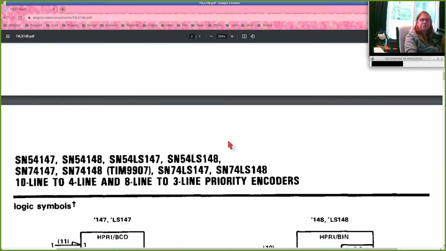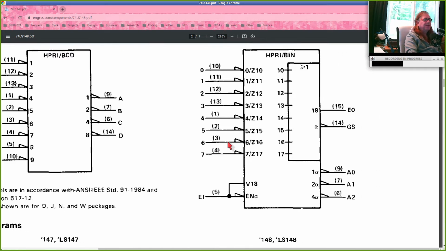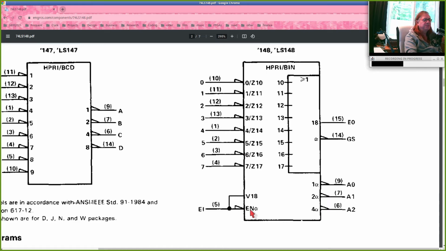So that's just another example of a more complex circuit. And if you look at the logic diagram of the circuit, they didn't draw bubbles, but they drew these little funny shapes on the inputs. That shows you these inputs are inverted, and they drew these funny shapes on the outputs, and that shows you the outputs are inverted. And the enable input goes through an inverter to the enable part of the chip, which means when this is low, the chip will be enabled.